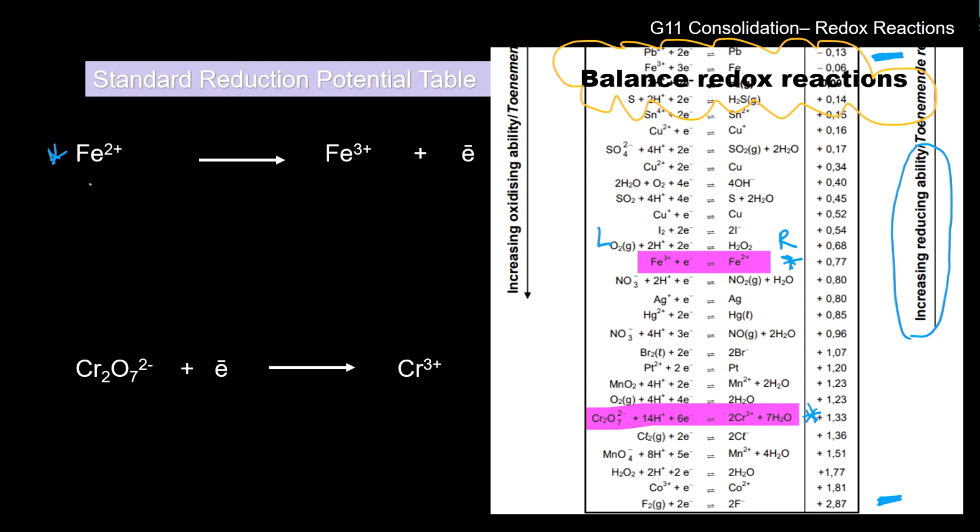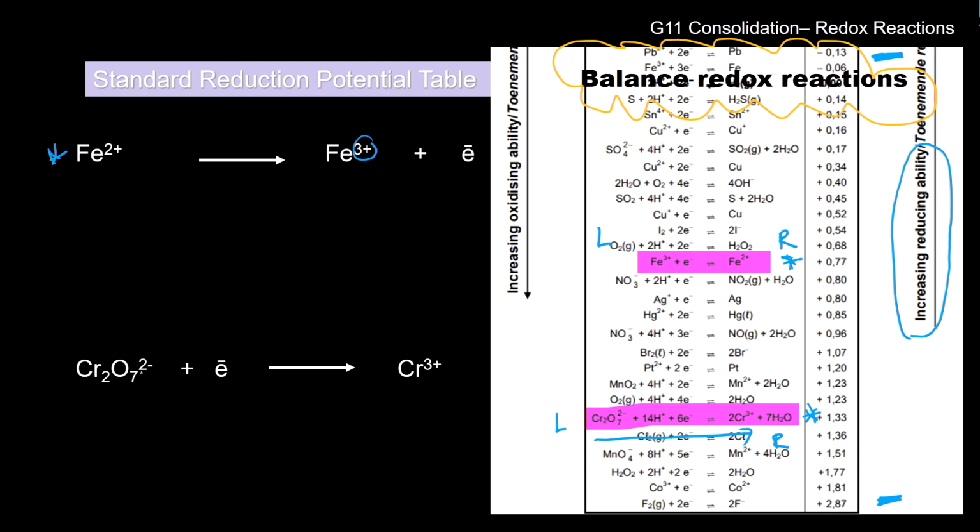So I write it as Fe2 plus, with a single arrow, Fe3 plus and 1 electron. I am going to read the dichromate ion to chromium ion from left to right. That's how I'm going to do it, and I'm going to write it like that. Okay, so I've written part of it here.